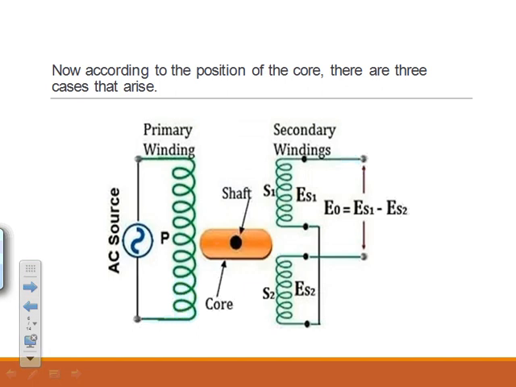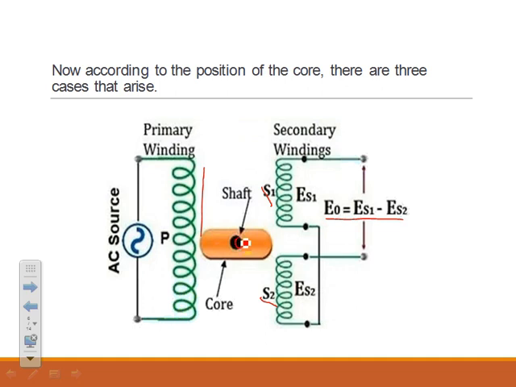Now see, there is a primary coil and two secondary coils, S1 and S2. The secondary voltages developed are ES1 and ES2, and the output voltage can be written as E0 equal to ES1 minus ES2. Now, according to the position of the core, three cases will arise. This is the core and this is the shaft.